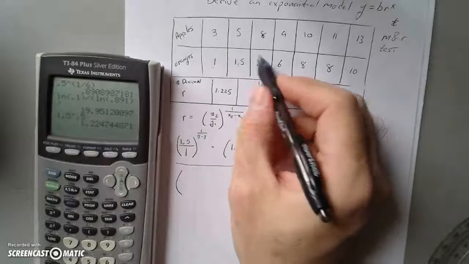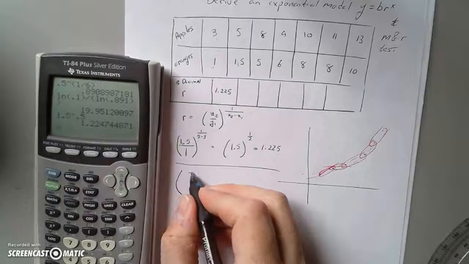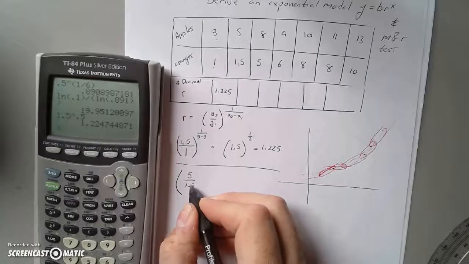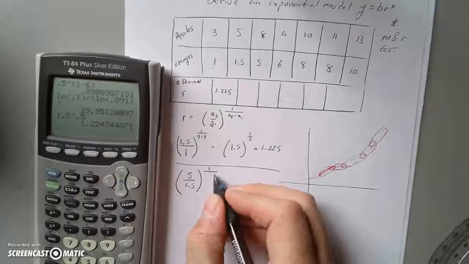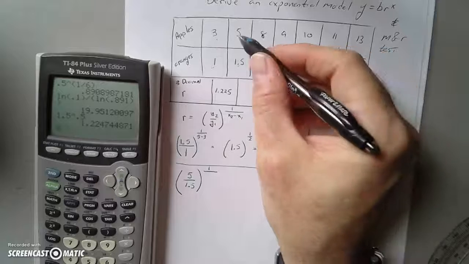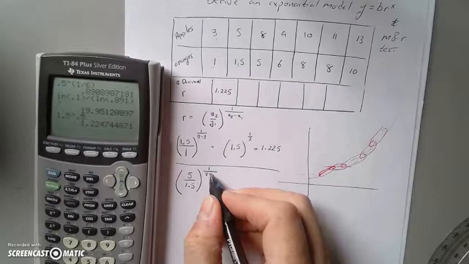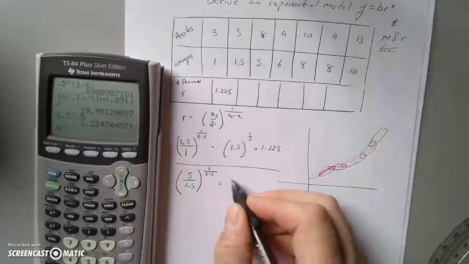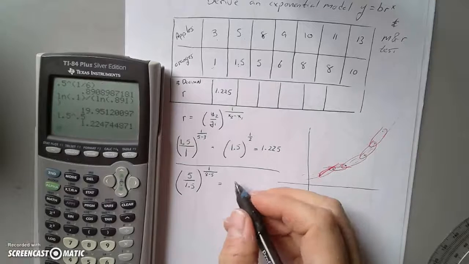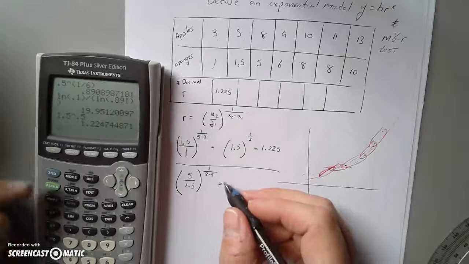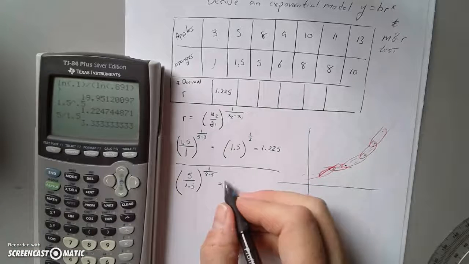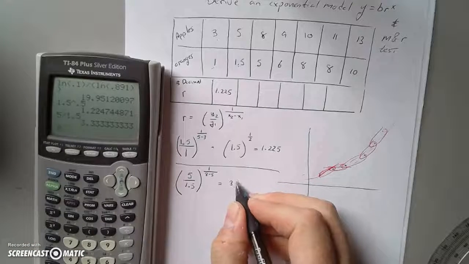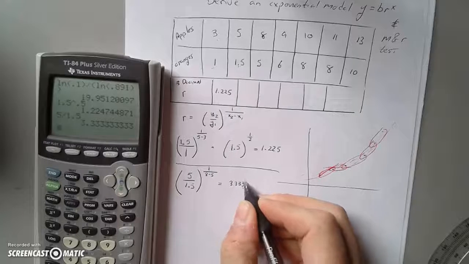So that will involve those 2. So it's 5 over 1.5 to the power of 1 over 8 minus 5. So let's see, I can break this up into steps. I can do 5 divided by 1.5, that's going to be 3.333.